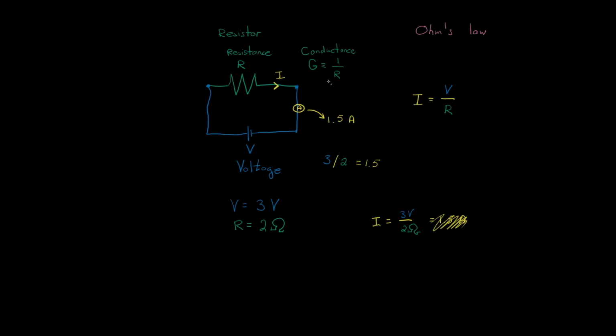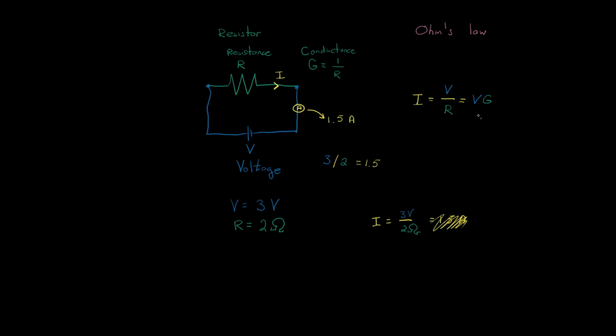Now, if we do that, I can rewrite this in the following way: I can write V times G. And now you probably see where this is going.